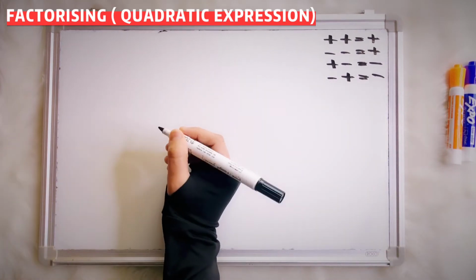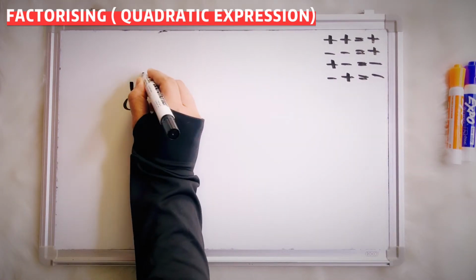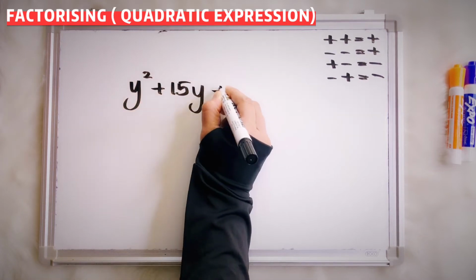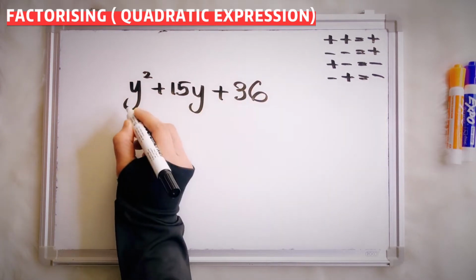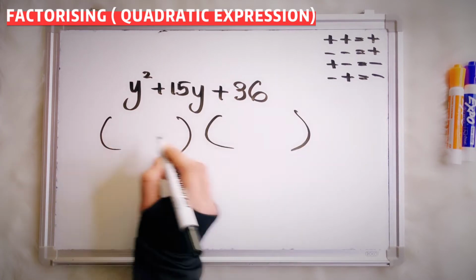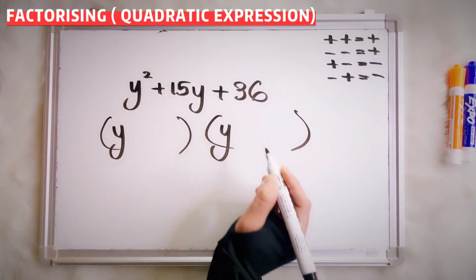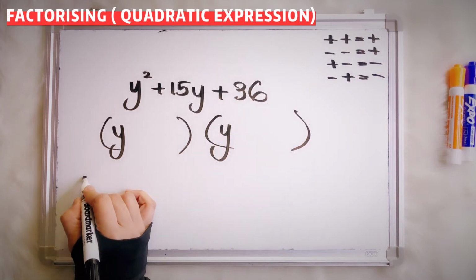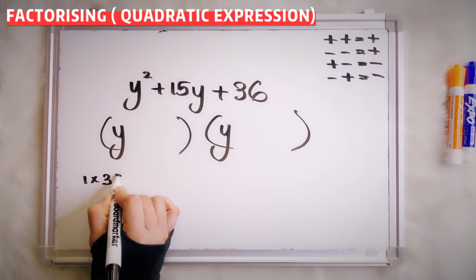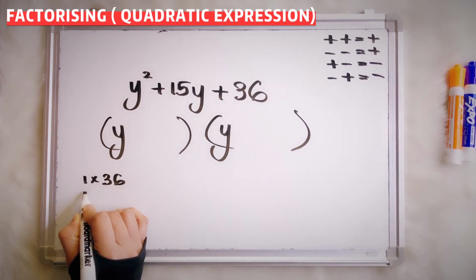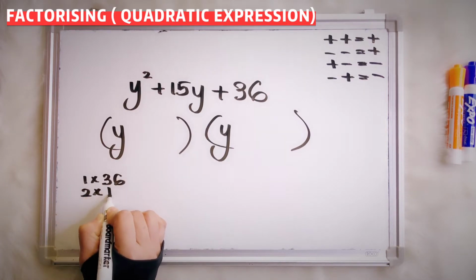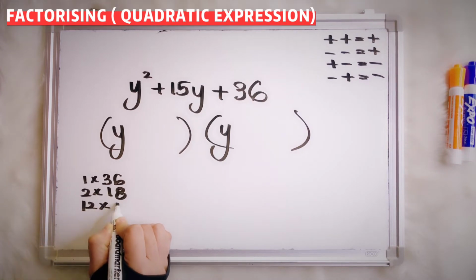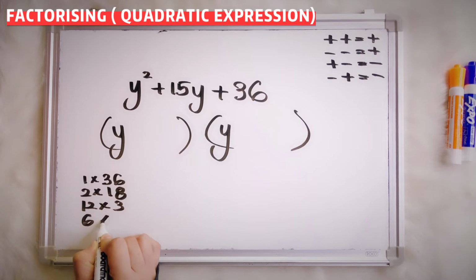Now let's say I give you y squared plus 15y plus 36. You put y and y here, and list down all the possible values for 36. So 1 times 36, 2 times 18, 12 times 3, and 6 times 6.